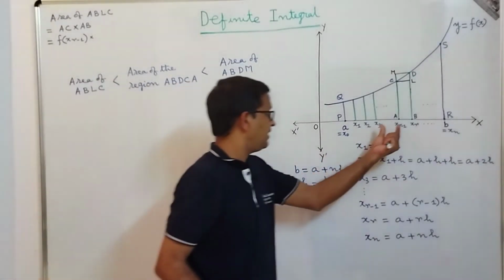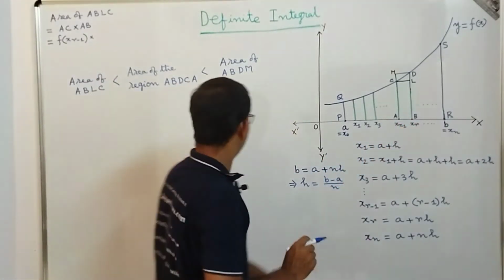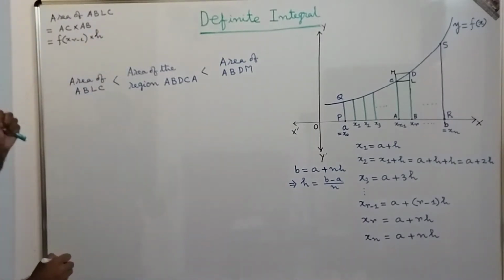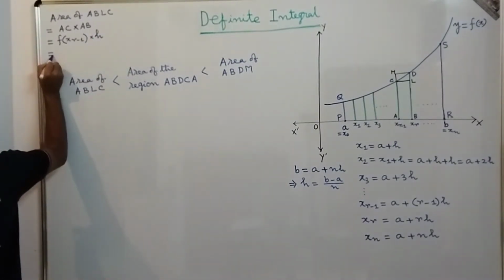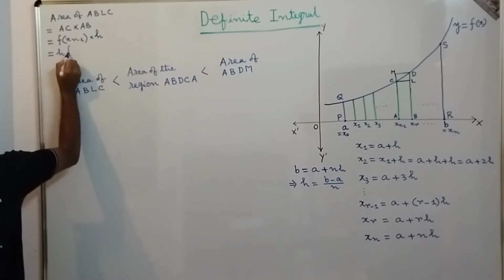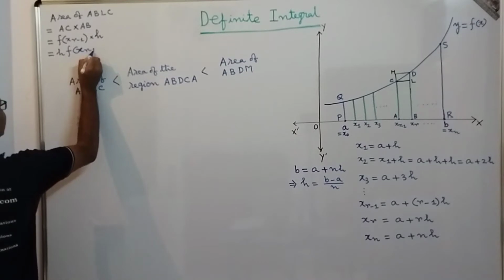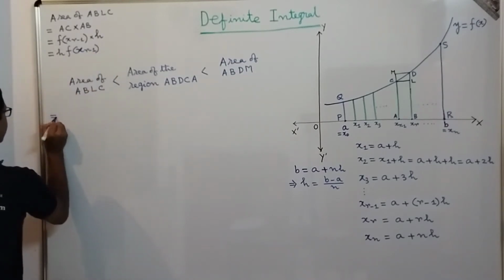What is AB? AB is this interval length h. So what is the value of this area of the rectangle ABLC? That you can write is equal to h into f(x_{r-1}). Correct? So from here what you can write, dear students?